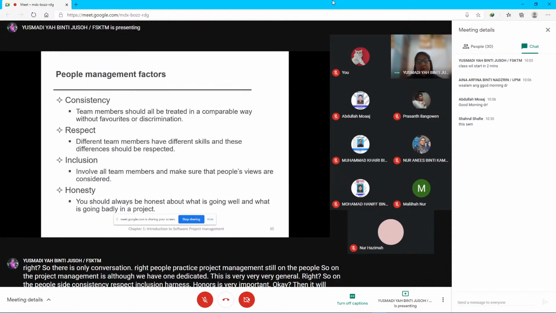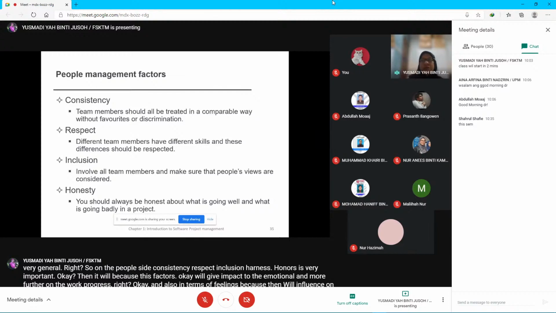Also in terms of feelings, because that will influence the project as well. So consistency: team members should all be treated in a comparable way, without favorites or discrimination.